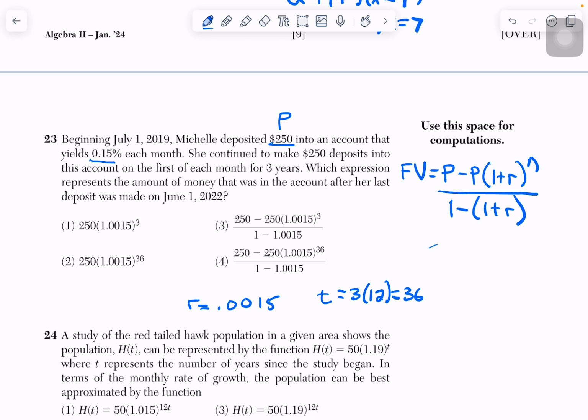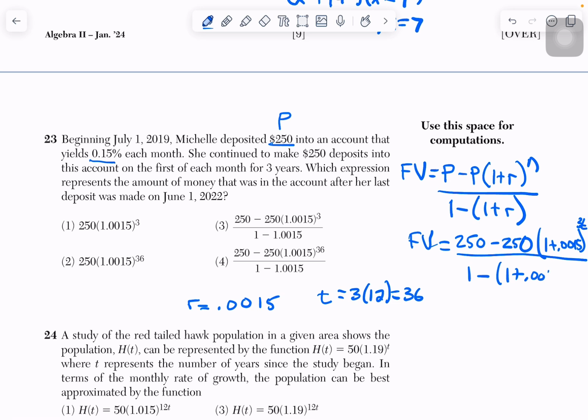All right, so we plug these in, we get the future value is going to be equal to P minus 250 minus 250 times 1 plus 0.0015 raised to the 36th power, all over 1 minus 1 plus 0.0015.